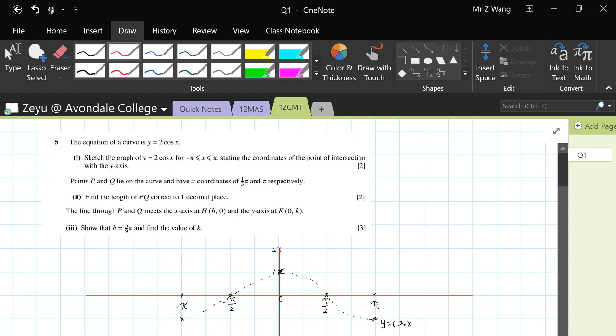So now this point becomes here. And this point still remains here, because 2 times 0 is still 0, and this one is negative 2. And this is still 0, and this is negative 2. So I can plot the graph now.